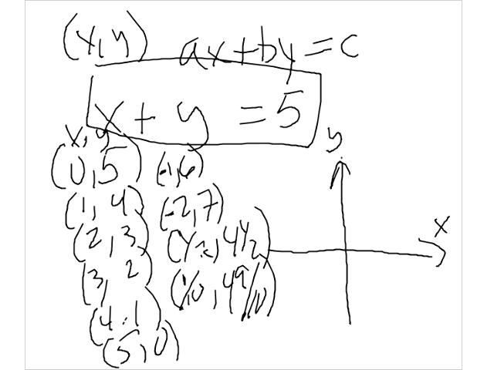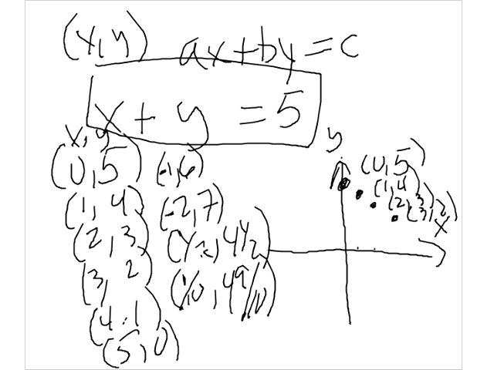Let's say that this represents 0, 5, and when x equals 1, we saw that y equals 4, and when x equals 2, y equals 3, and when x equaled 3, y equals 2. Now, I'm not using a graphing grid here, but I'm sure you can see that this is pretty close.